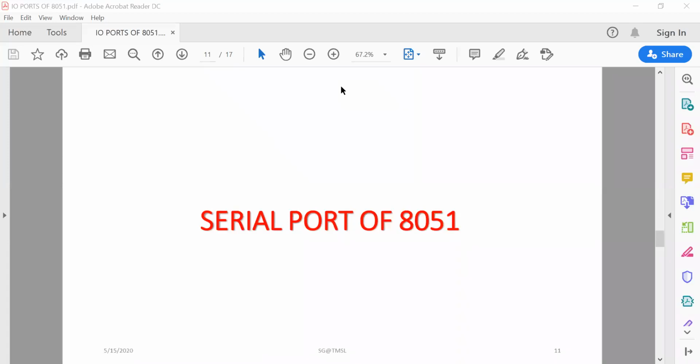Another instruction can be written as MOV SBUF, A, which will write data to the transmit SBUF register, which is basically the transmitter buffer, and the data from this transmitter buffer will be transmitted through the TxD line. Okay, so that is the function of the SBUF, the serial buffer register.